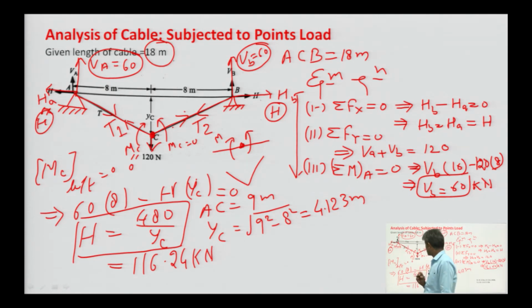This thrust can be used to find the tension in the cable. How will it be? Extend this line and complete this diagram.